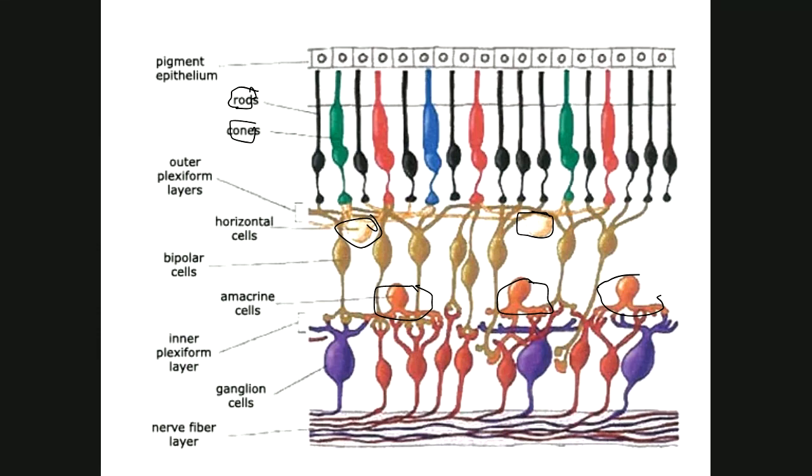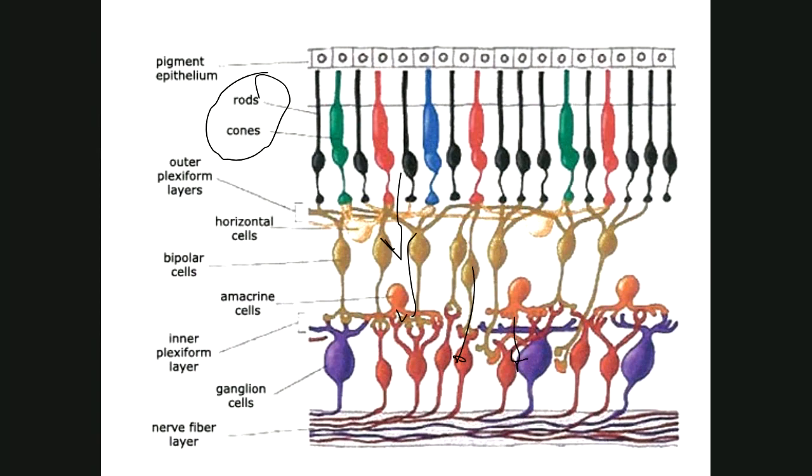Here's our bipolar cells. Here's our ganglion cells. And then we have these amacrine and horizontal cells. The only cells in this whole group that can detect light are the rods and the cones. The rest of them are just to pass the action potentials along to the brain.